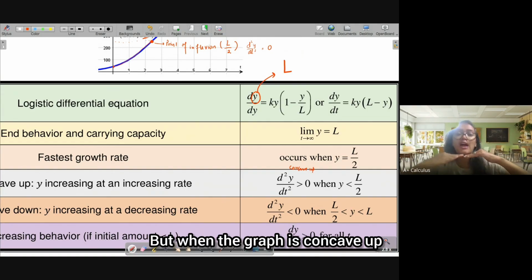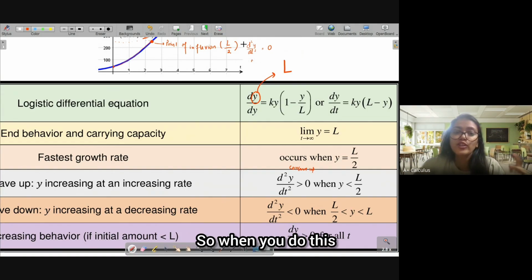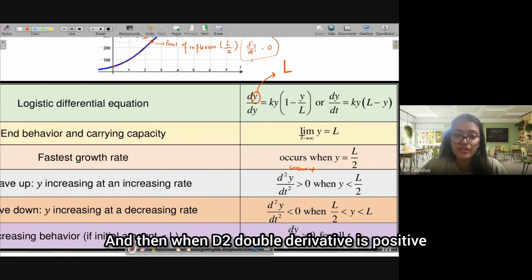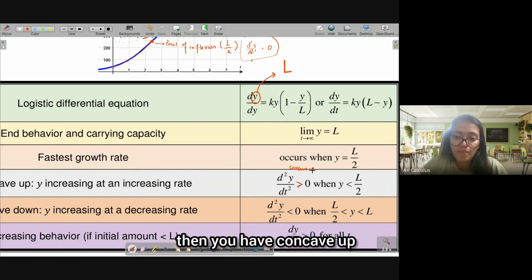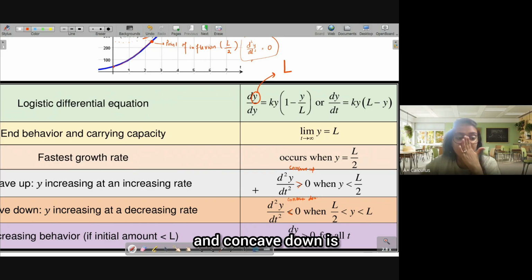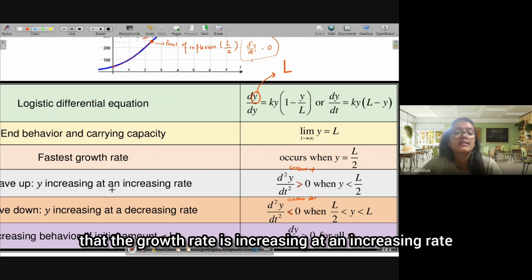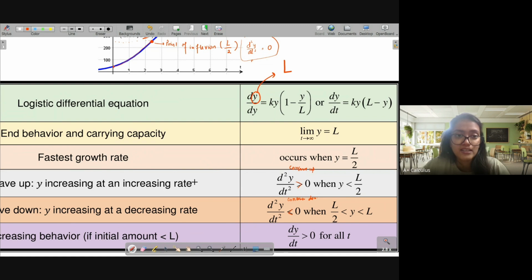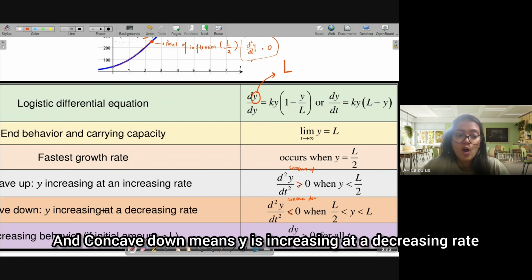But when the graph is concave up and concave down, when the double derivative is positive, then you have concave up. When the double derivative is negative, then the graph is concave down. The meaning of concave up is that y is increasing at an increasing rate, and concave down means y is increasing at a decreasing rate.